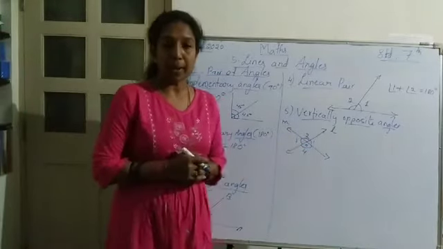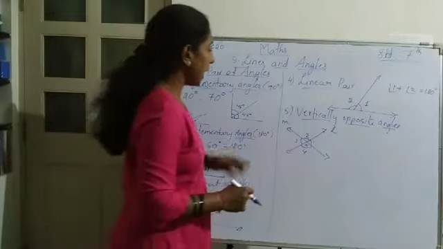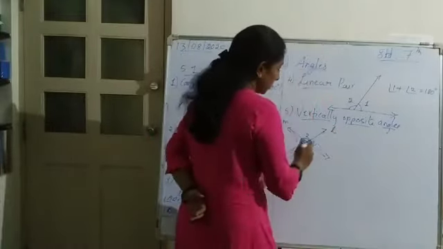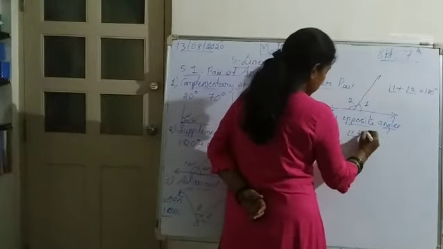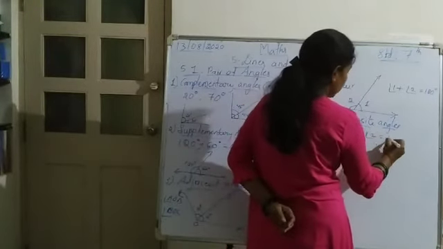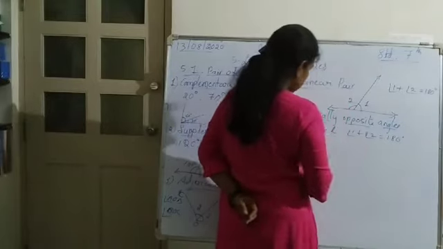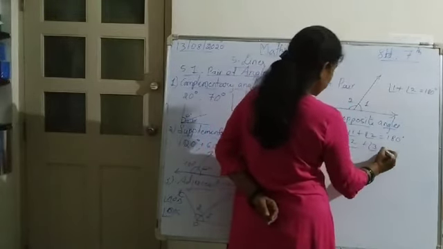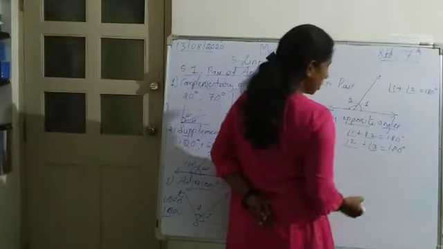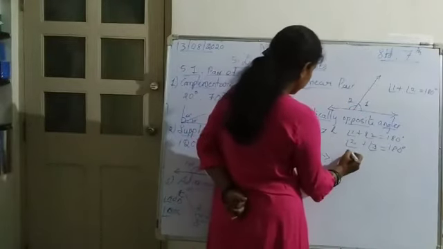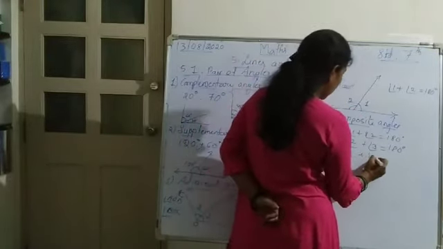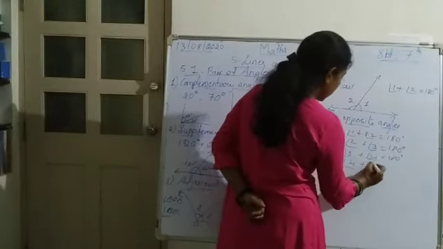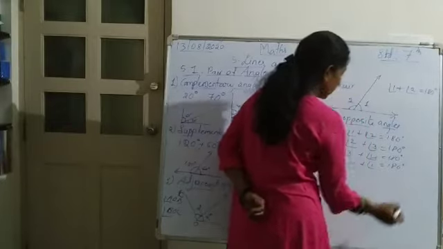Then we can say that angle 1 plus angle 2 is equal to 180 degrees. In the same way, angle 2 plus angle 3 is also equal to 180 degrees. Angle 3 plus angle 4 is also 180 degrees. Angle 4 plus angle 1 is also 180 degrees.